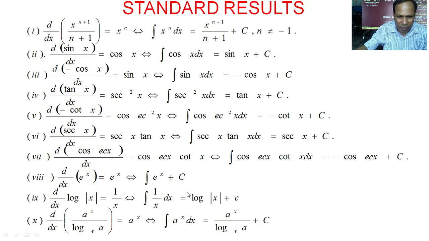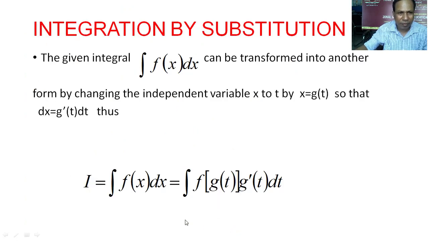Of course, here the limitation is that n should be different from minus 1. And the derivative of a to the power x by log a is a to the power x, so integration of a to the power x dx is a to the power x by log a plus constant. Now here in this class we will be discussing mainly integration by substitution.